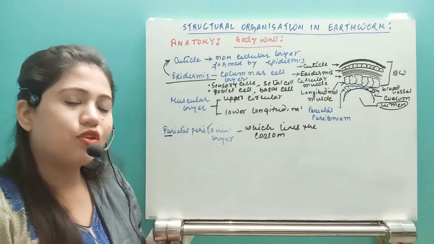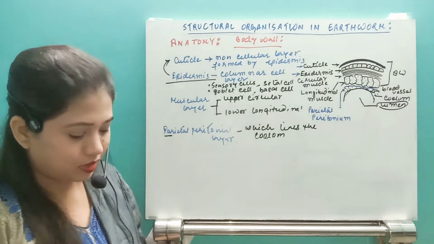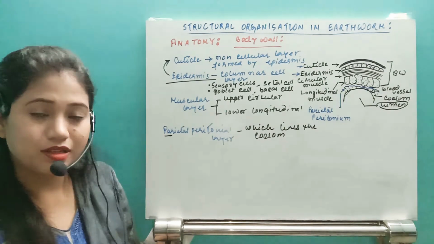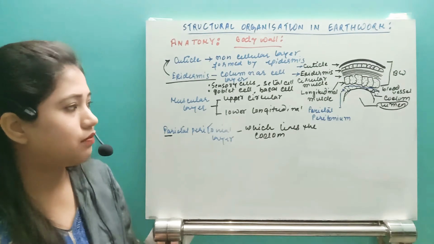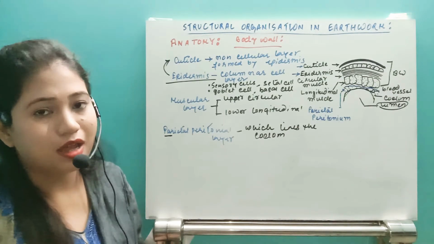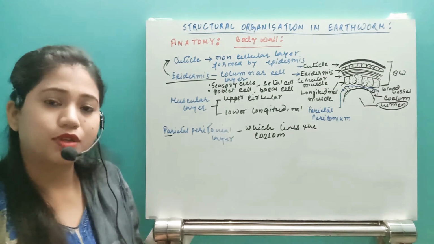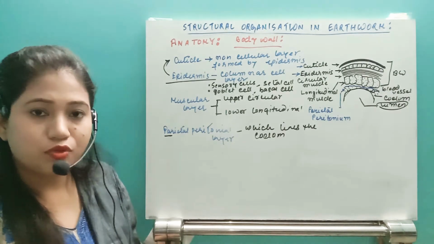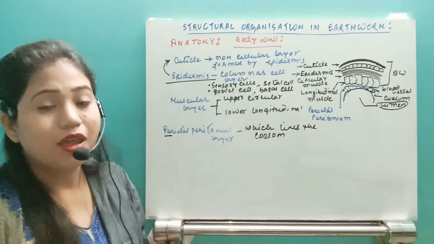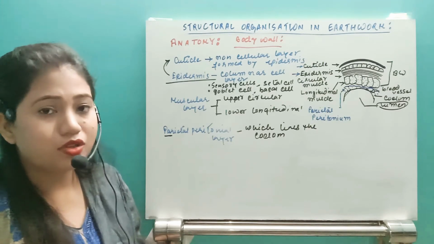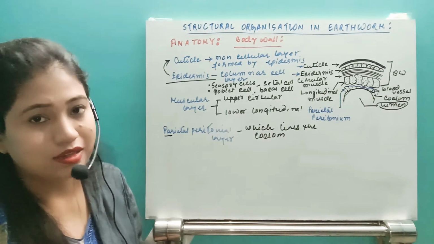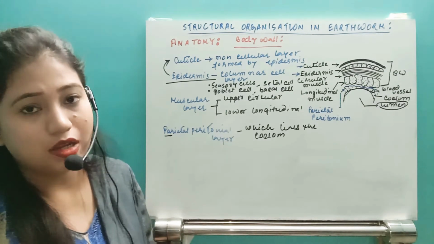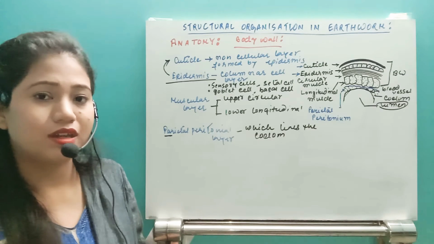The body wall is not that important, but sometimes you can be asked what type of muscles are present, and what type of cells are found in the epidermis layer. It has columnar epithelial cells, albumin producing cells, mucus producing goblet cells, basal cells, and glandular cells. The body wall also has different varieties of sensory cells.